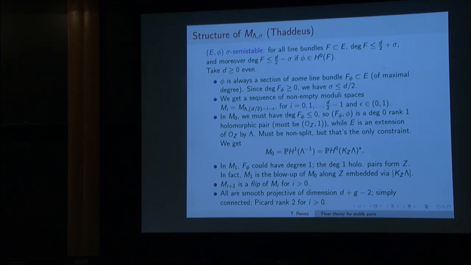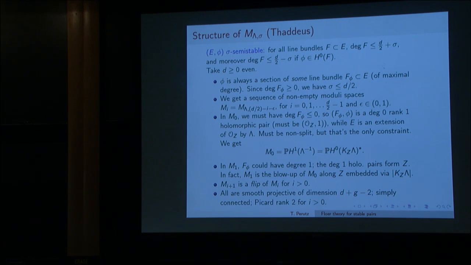Now, your rank 2 vector bundle E contains this as a subbundle. The determinant is fixed, and so the quotient can only be lambda. In other words, E is an extension of O_Z by lambda.